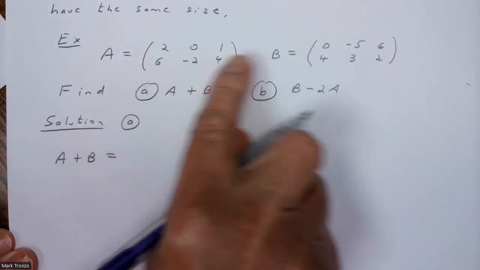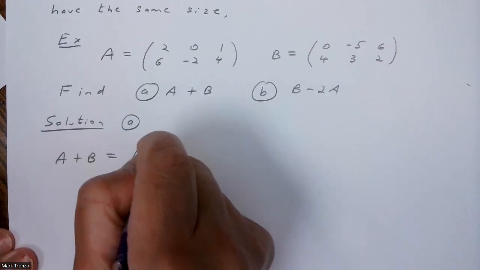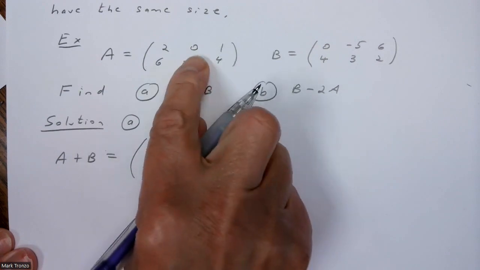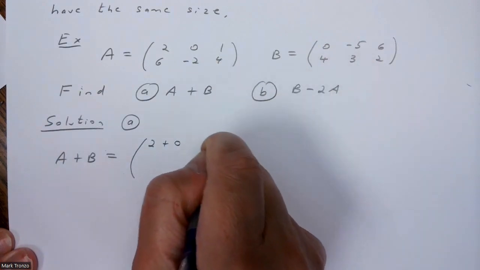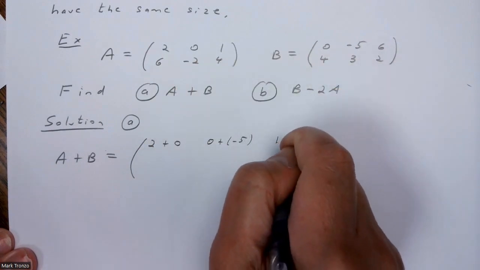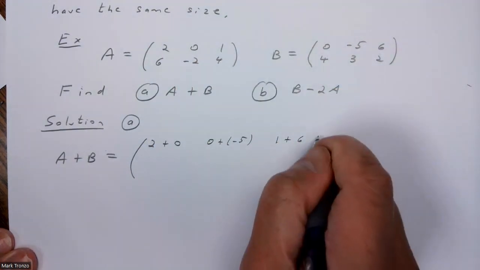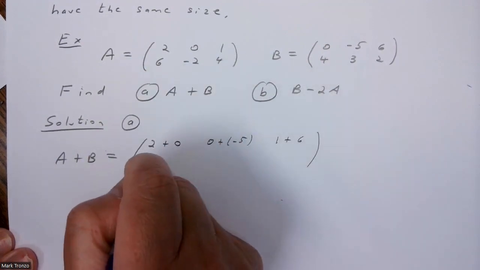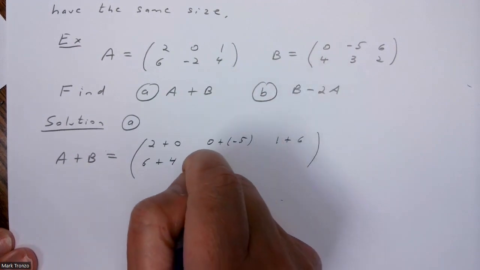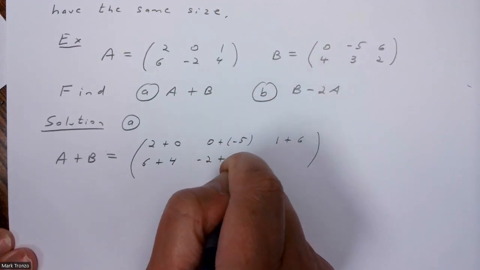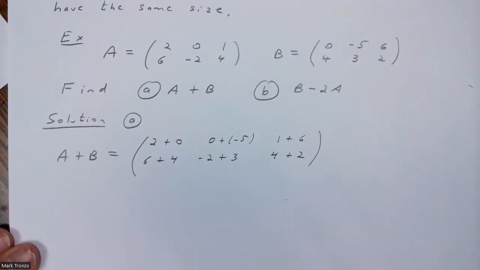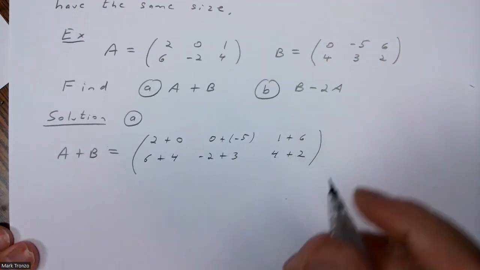Again, we're going to simply add corresponding entries. 2 plus 0, 0 plus minus 5, 1 plus 6, 6 plus 4, minus 2 plus 3, and 4 plus 2, like this.